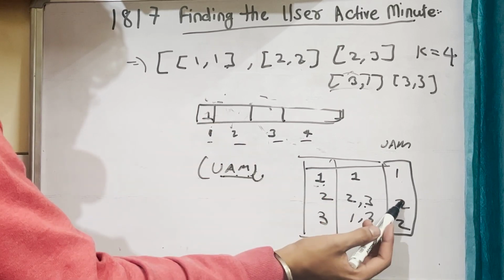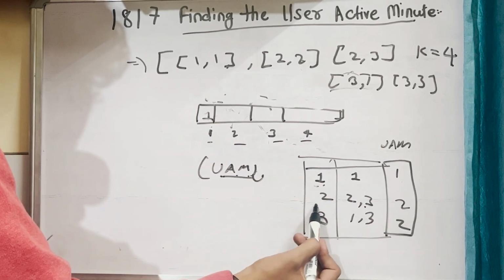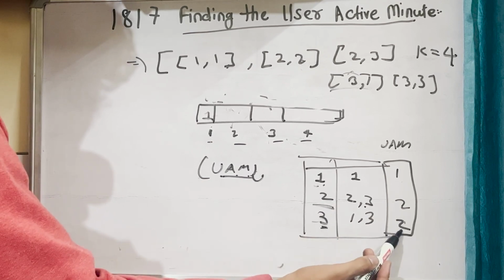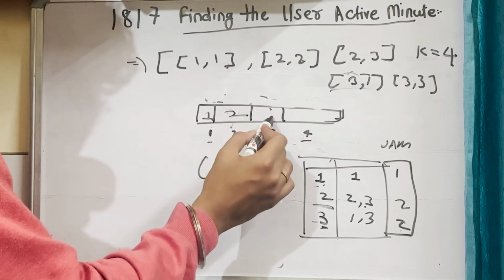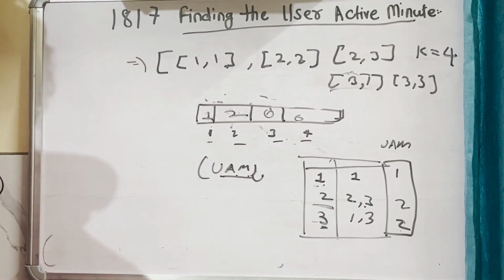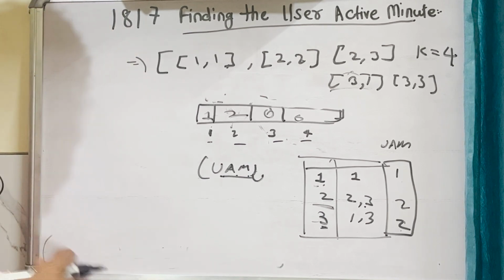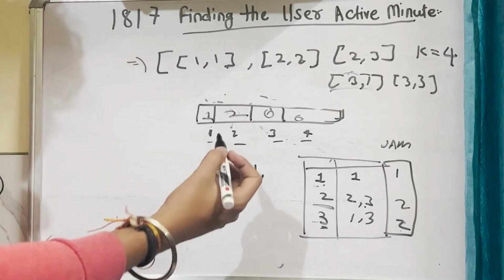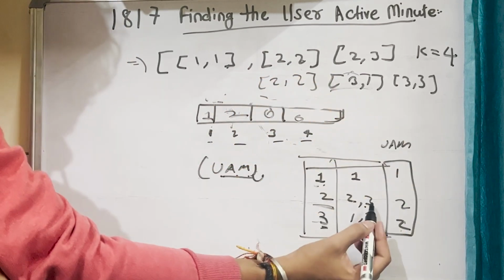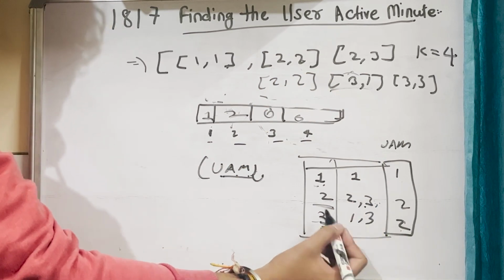And for UAM 2, user 2 has it and user 3 also has it, so we'll return 2. Now you have to think about how to approach this problem. It is very simple, as I just told you. If there was one more log of 2, 2, you wouldn't count it in the UAM, the user active minutes.